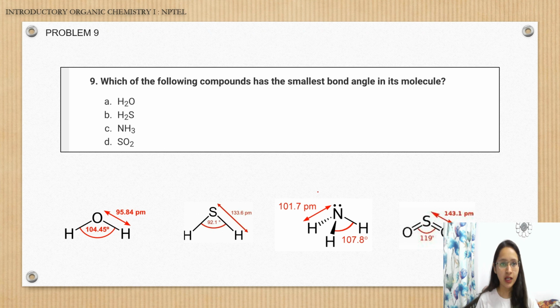As you can see from this picture, H2S has the smallest bond angle, but now the concern is why. So can anyone tell me why? How is this bond angle smallest or largest for any compound? Any guesses?